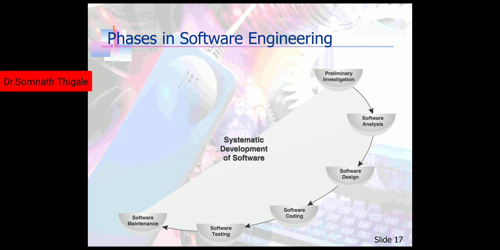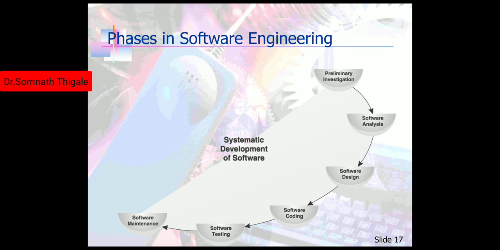Second phase, software analysis. Now analysis means what? Simply remember its aim is to gain understanding of the needs. It is called requirement analysis. So here we will focus mostly on analysis. Analysis is nothing but trying to understand what the customer is expecting.